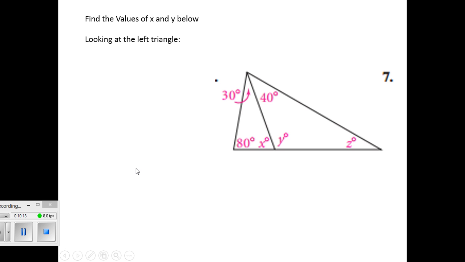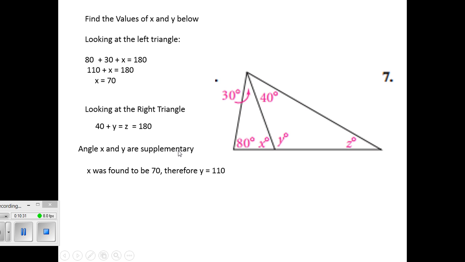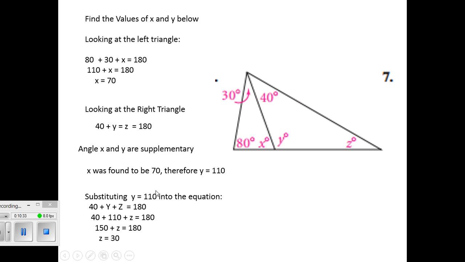Find all the values of X and Y. The left triangle, the sum of the angles equals 180, so we figure out X is 70. In the right triangle, those three angles have to equal 180, but we don't have all of them. We do know X and Y are supplementary, and there are the angles that we found.